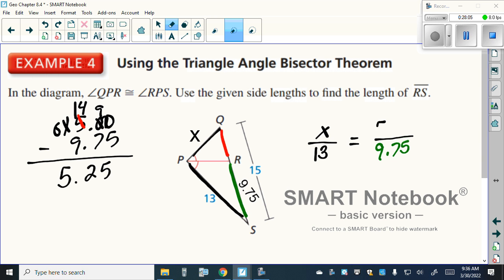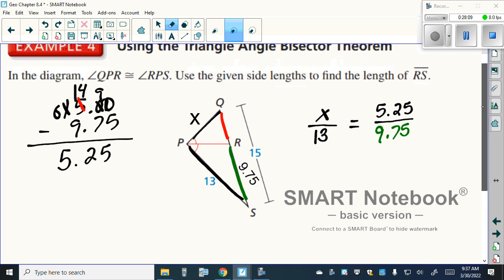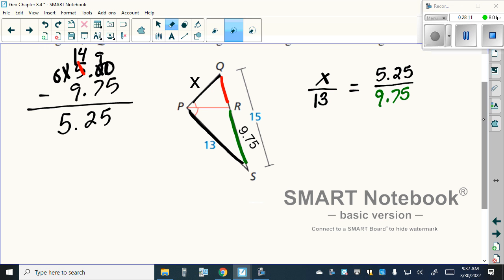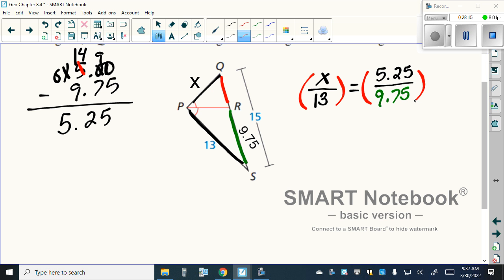So our other segment is 5.25. Now what do we need to do next? Multiply both sides by 13. Because here the 13 and 13 would cancel. Which tells us on the other side we just have to plug in 5.25 over 9.75 and then multiply by 13.